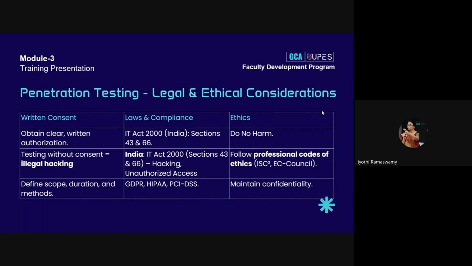Do not misuse any access that we get. Do not scope creep. It is called scope creep, right? Scope creep means I am getting an approval from GCA for testing and I am doing more than that. That is also not allowed. If I get a scope approved, I should use only that scope for testing, right?